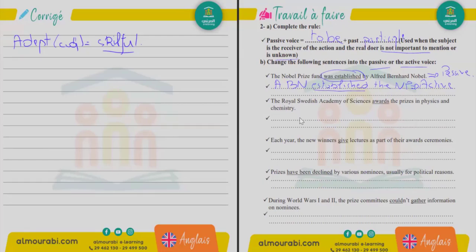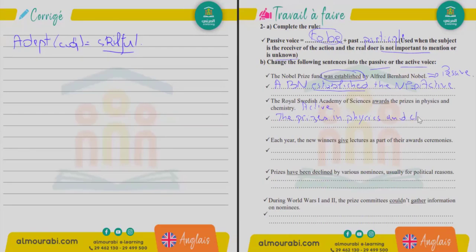The second one: The Royal Swedish Academy of Science awards the prizes in physics and chemistry. Is this active or passive? There is no verb to be in the underlined verb, so that's an active sentence. Let's turn it into a passive. The prizes in physics and chemistry are awarded by the Royal Swedish Academy of Science. Very good.